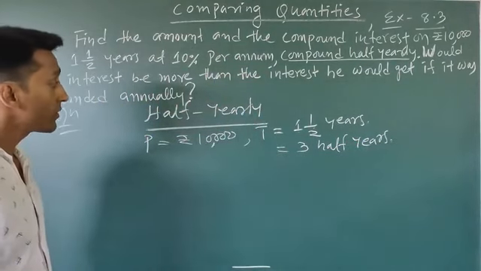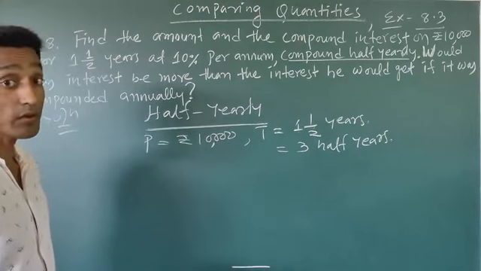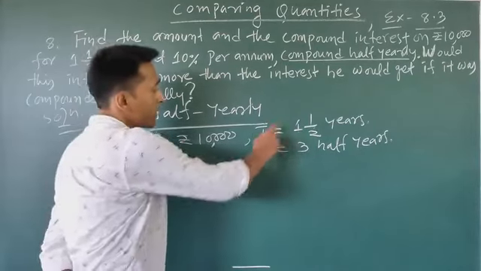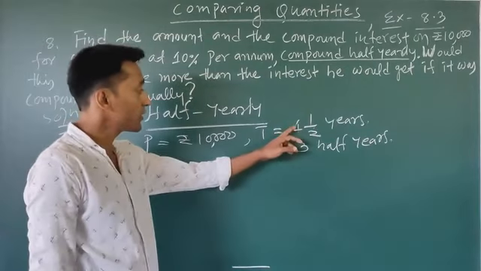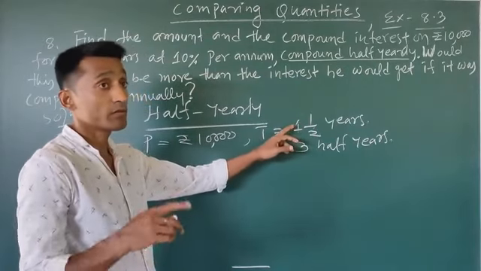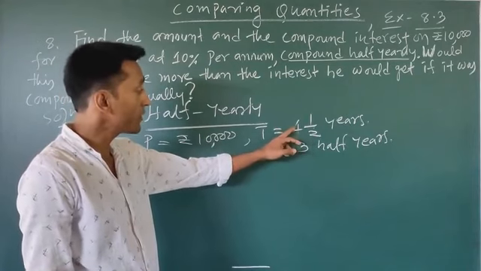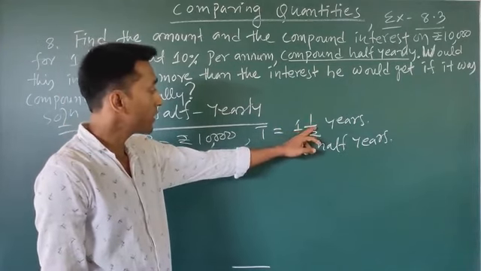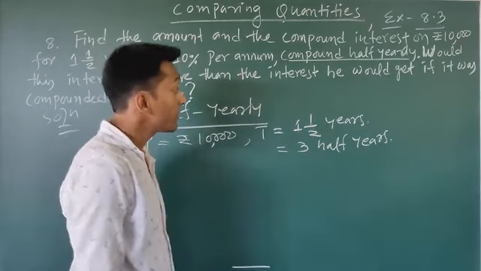Half year means 6 months. In 1 year we have 12 months. 6 months plus 6 months, 12 months, isn't it? There is 2 half year in 1 year. So another half year is there. That is why in 1.5 year we have 3 half years.